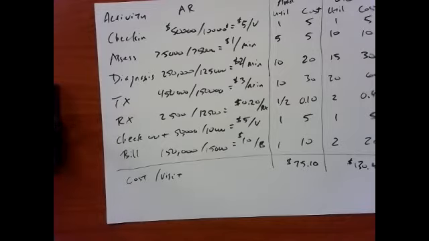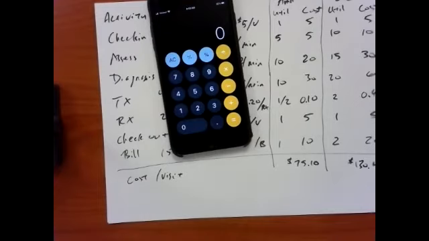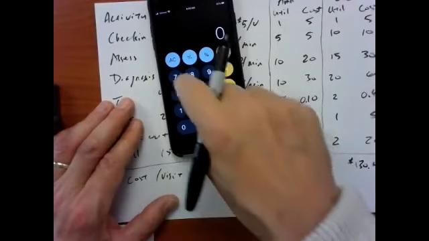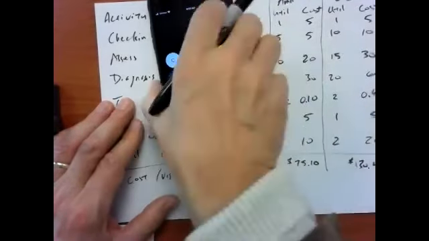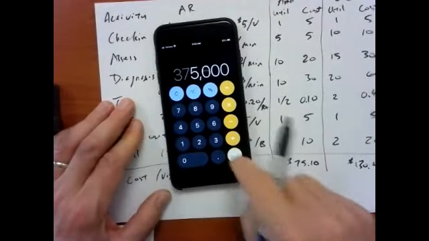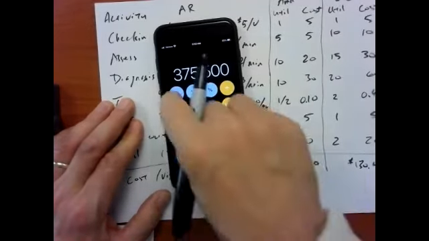So that's our cost per visit, and if we want to verify, we can say, okay, we got $75.10 per visit times 5,000 visits gives me total cost allocation for audiology of $375,500.